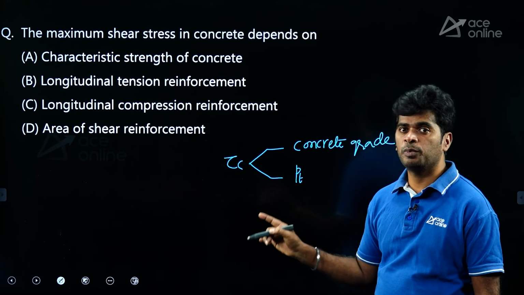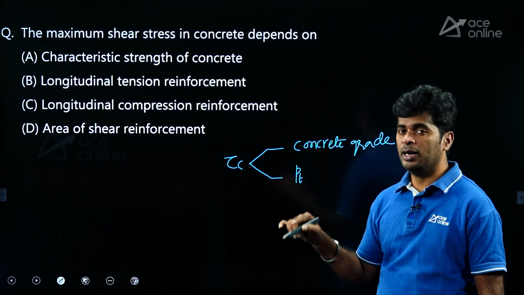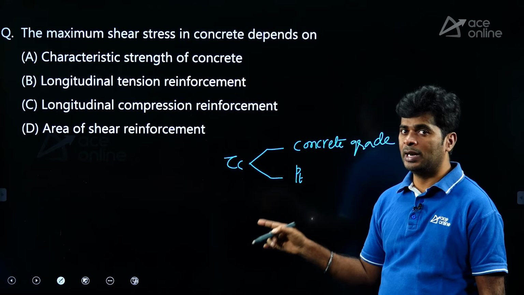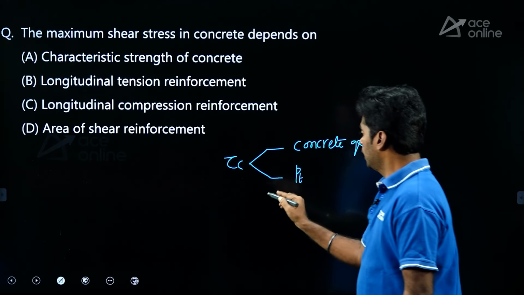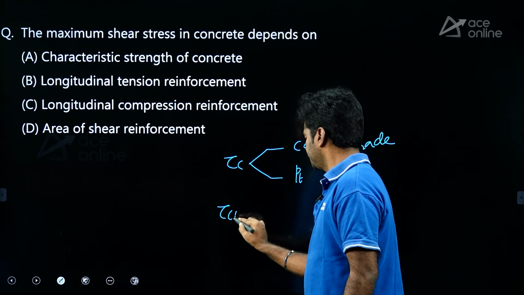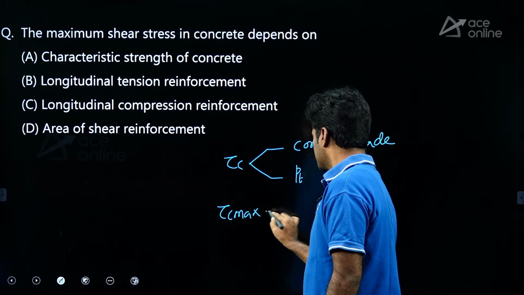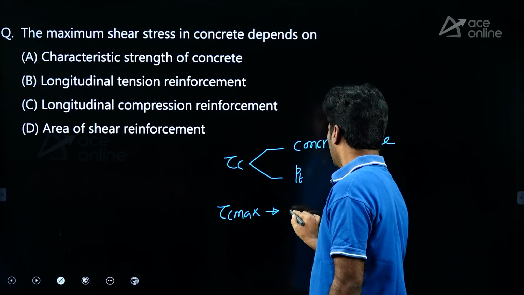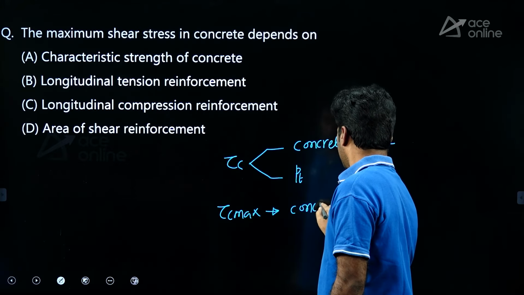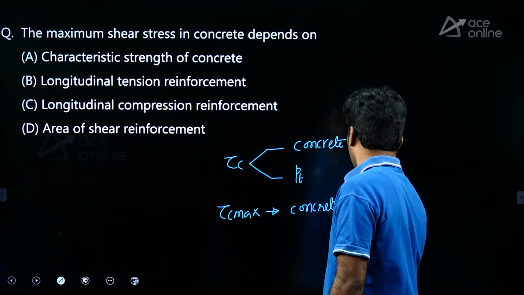It depends on two parameters. But tau c max depends upon only concrete grade.